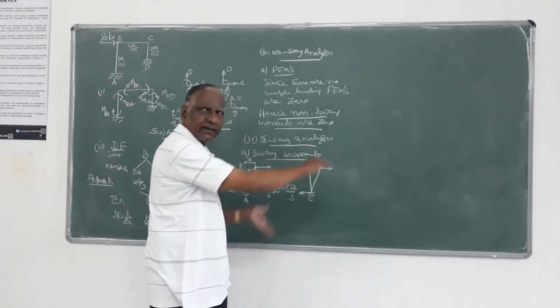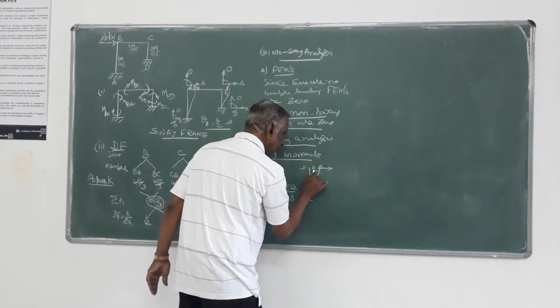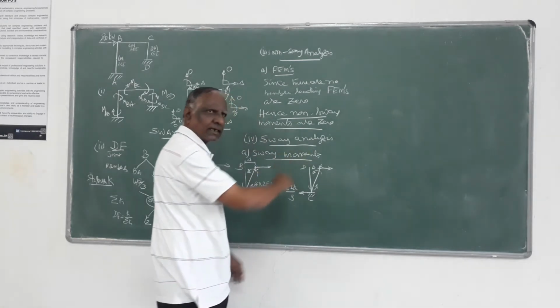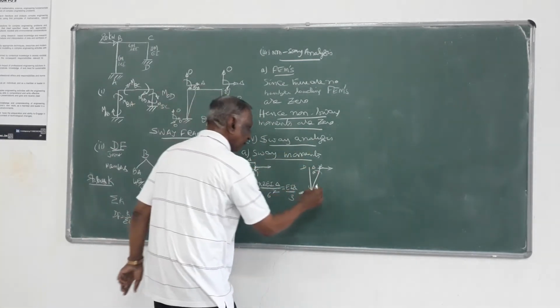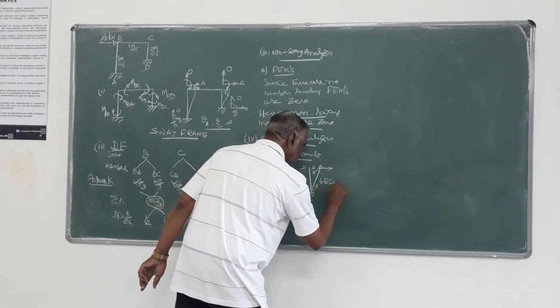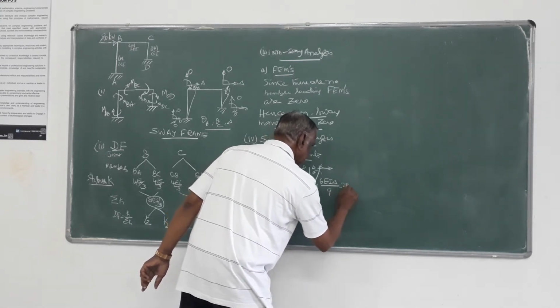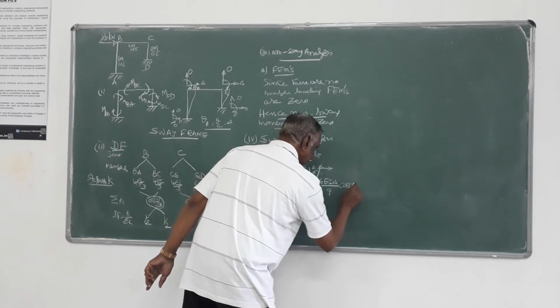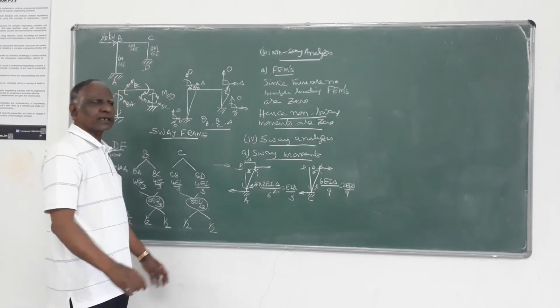But this gives a moment, so to oppose this, a moment is developed at the ends in the other direction. Now this is perfectly in equilibrium, and the moment developed is 6EI delta divided by L square, that is 9. So this is 2EI delta by 9. This is also negative because it is anticlockwise.